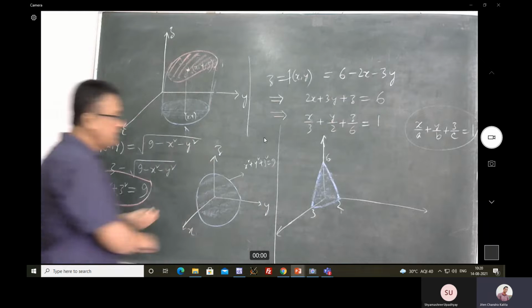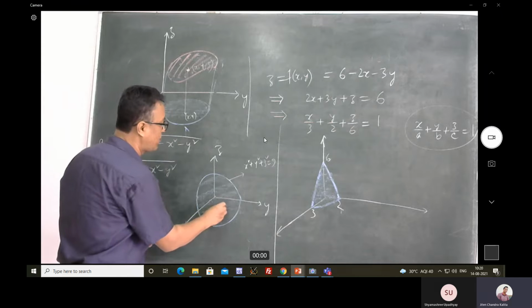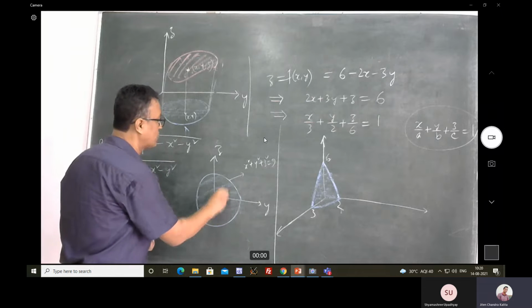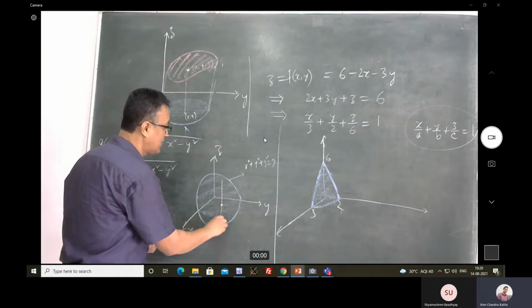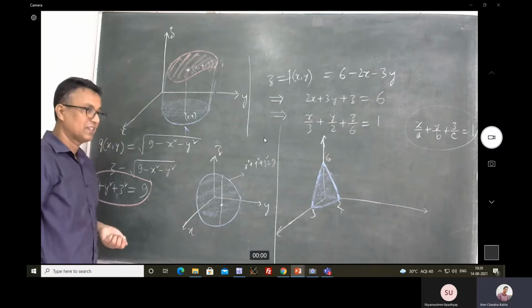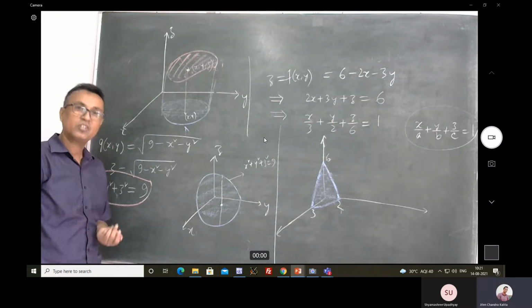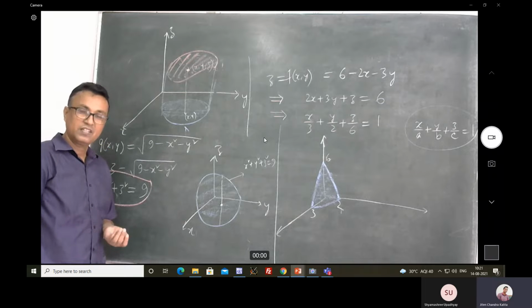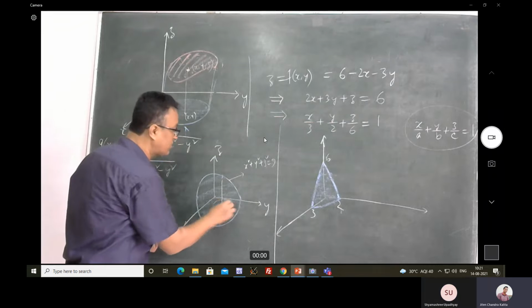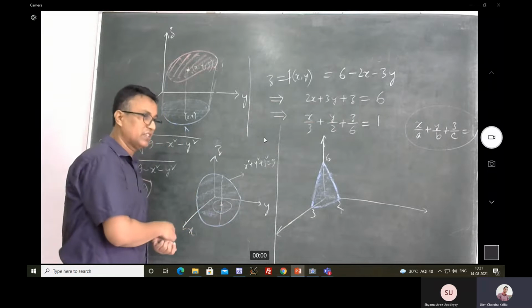But if I take the full sphere in this way, then if I take any point here in the xy plane, corresponding to this point I am going to have two values of z, isn't it? And that violates the definition of a function. Yes, because to each point belonging to the domain of definition of a function, I should get a unique point.